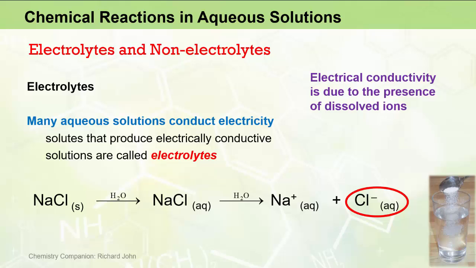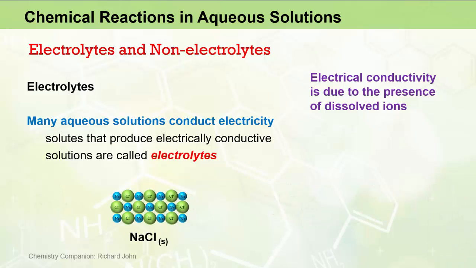So it seems that water as a solvent is able to do something quite unusual to the solid sodium chloride crystal. It is able to break apart the structure of positive and negative ions within the ionic compounds, resulting in free ions dispersed throughout the solution.